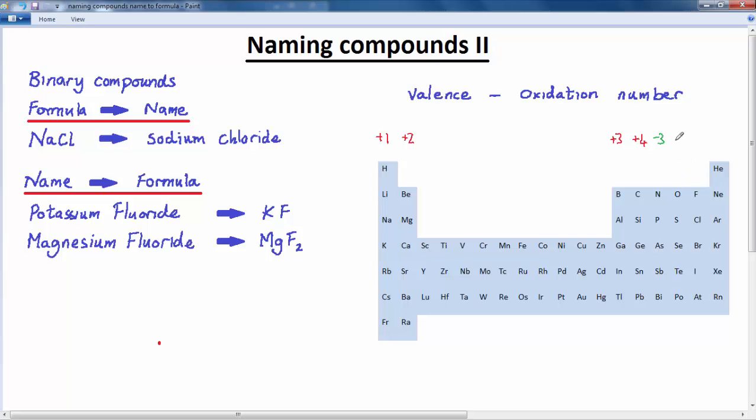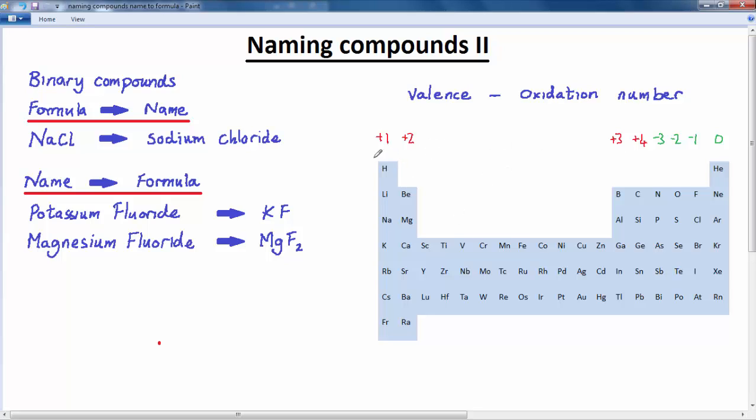The group 6 elements will have an oxidation number of -2. Group 7, that's the halogens, an oxidation number of -1, and group 8, that's the noble gases, an oxidation number of 0. So you'll notice that the non-metals have negative oxidation numbers, whereas the metals have positive oxidation numbers.